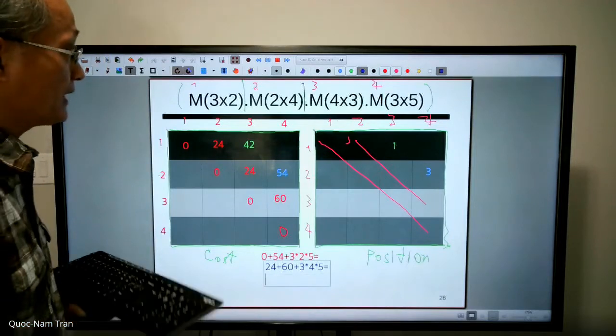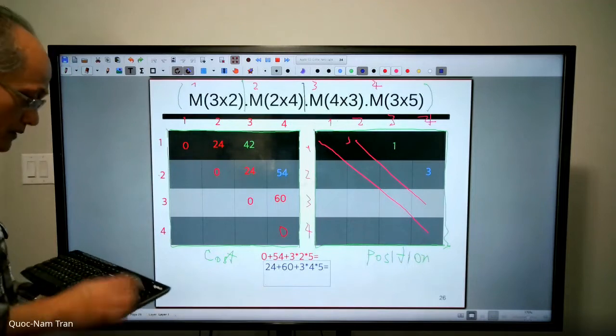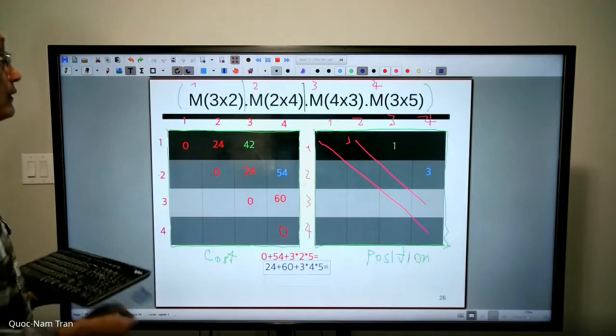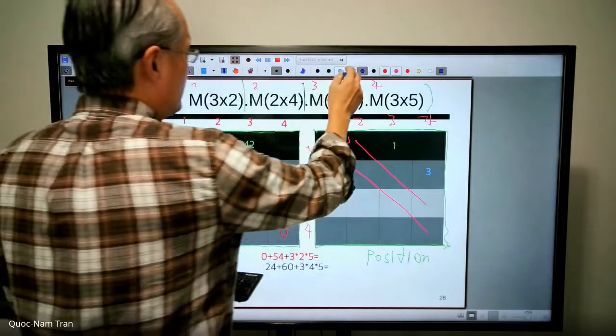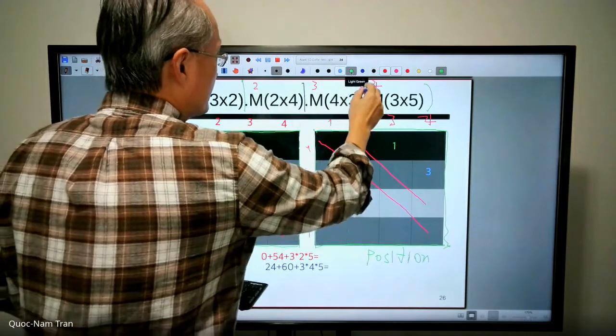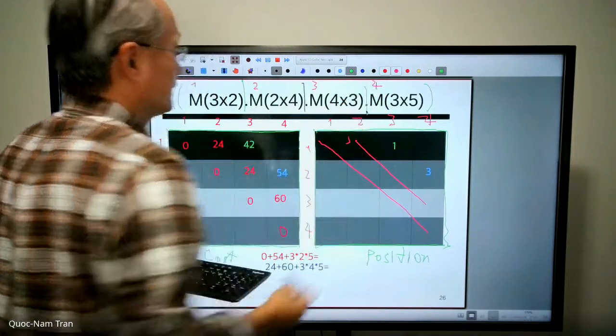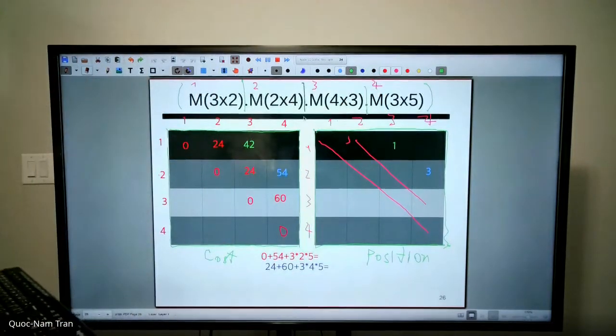Now, the last way would be, let me use a different color. The last way will be here, put it at 3. So what will we have?